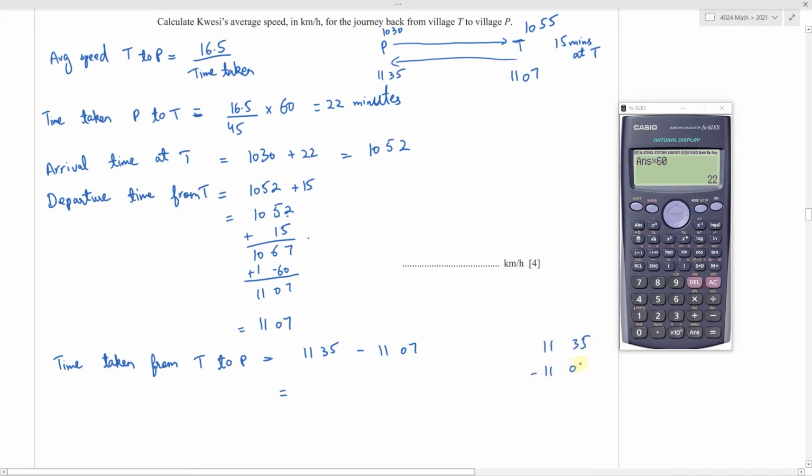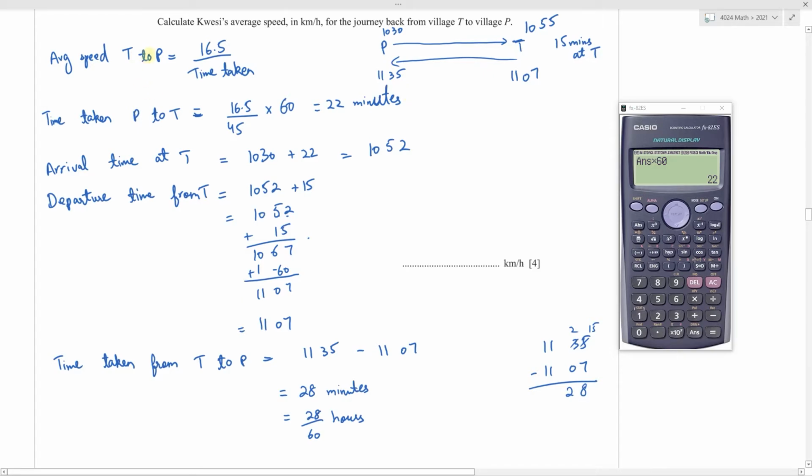I have to carry, so 15 minus 7 will be 8. Remainder is 2, so this became 15. 2 minus 0 is 2. So this is 28 minutes, or 28 by 60 hours, the time taken from T to P.